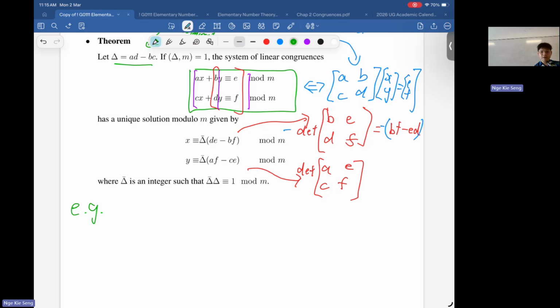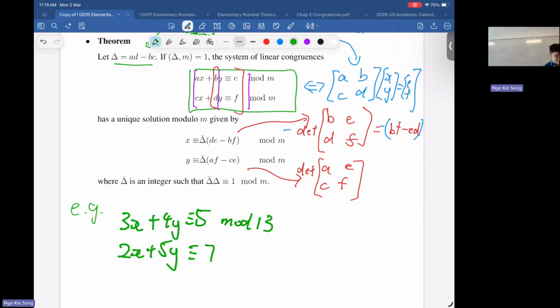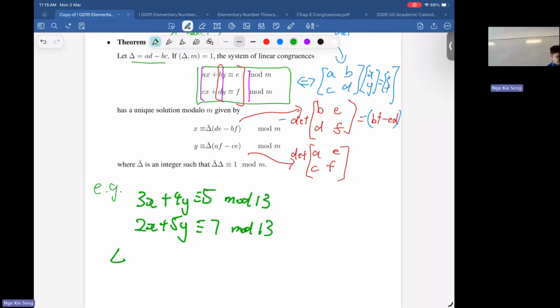So what's this question? 3x plus 4y congruent to 5 mod 13, and then 2x plus 5y congruent to 7 mod 13.